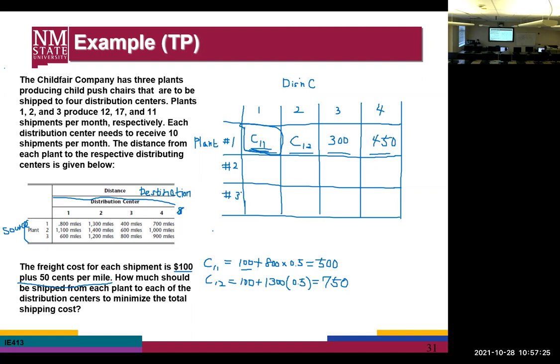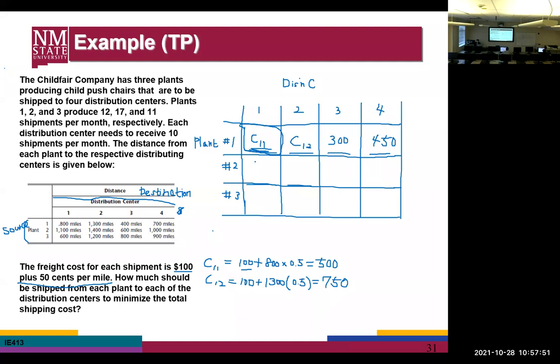Okay, let's move on to the second row. Similarly, you should be able to get all of these 8 different values. We always take 100 plus whatever the travel distance from each plant to the distribution center is, times 50 cents. That's what you need to do.